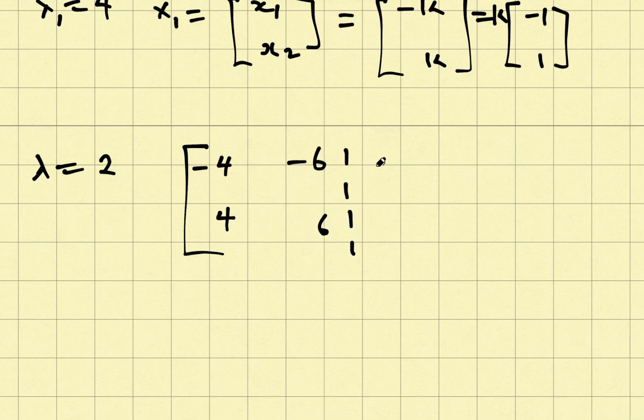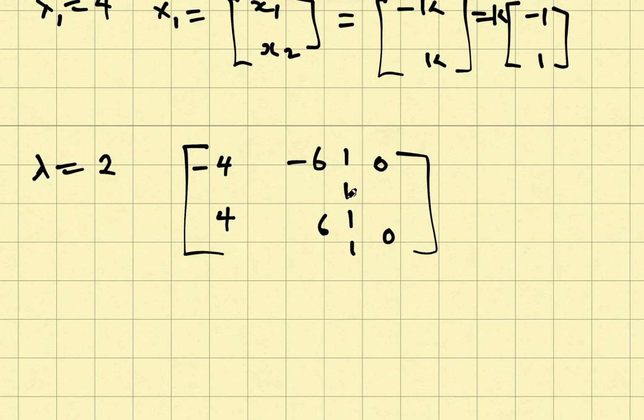As you can see, these two rows are multiples of each other. And just like we did the other time, we can simply cancel this last row out. Then we multiply this through by 1 over 4 or 1 over 6, whichever one we like.